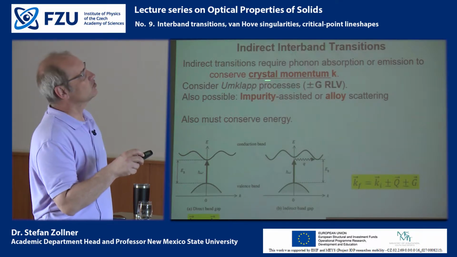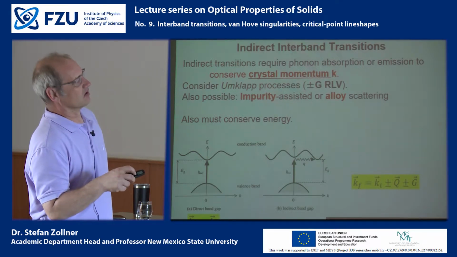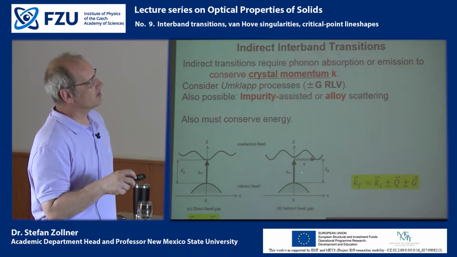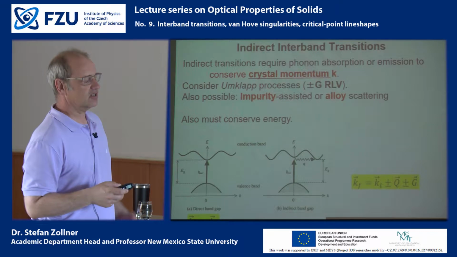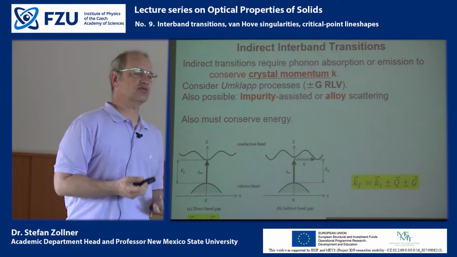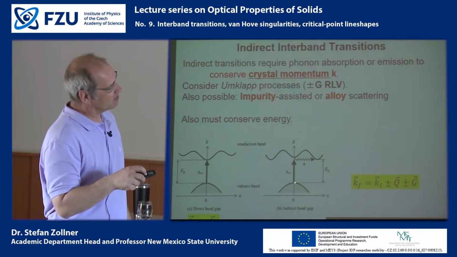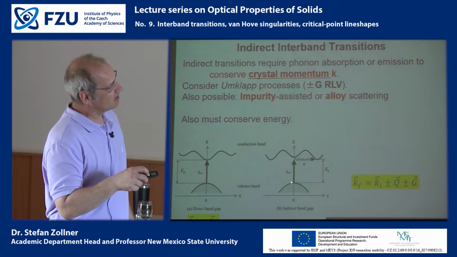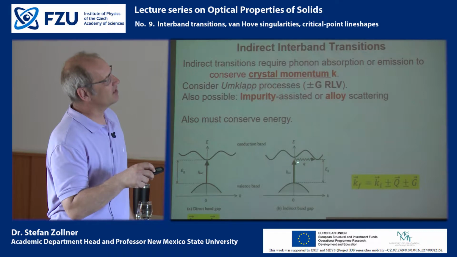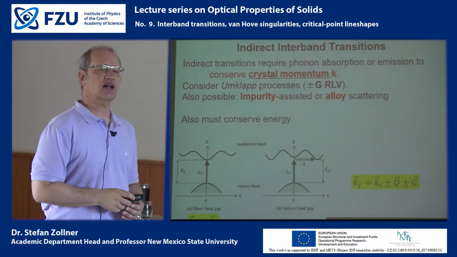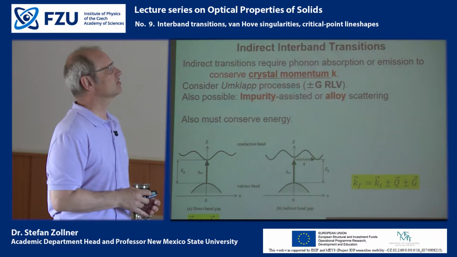This is called an Umklapp process. The optical matrix element, because the wave vector of the photon is very small, an optical process can only go vertically in the Brillouin zone, and then we need something else which helps us with the momentum conservation.